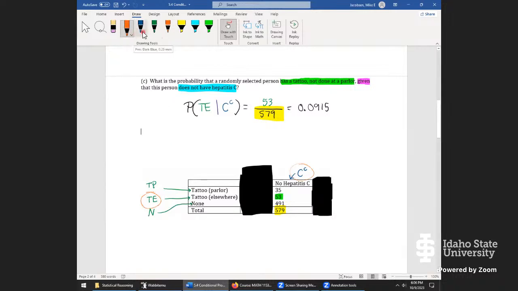Using the orange pen because this isn't required, this part's optional. It didn't ask for a practical interpretation. But another way to think of this is we can say that there is a 9.15% chance that, then go inside here, and let's say that among, starting to not like this sentence.